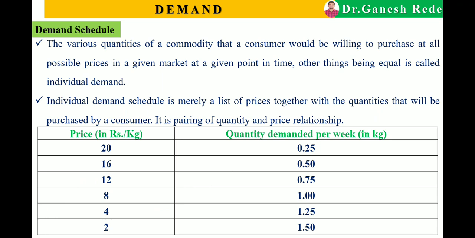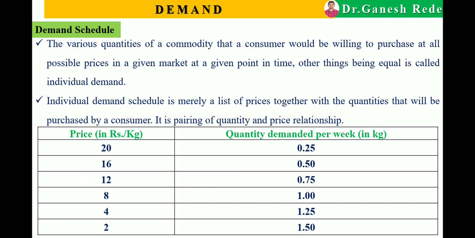So the individual demand schedule shows the list of prices and quantity demanded. Here we have taken one imaginary example. On one side there are prices, rupees per kg: 20, 16, 12, 8, 4, 2, and on the other side the quantity demanded per week by a family in kg.